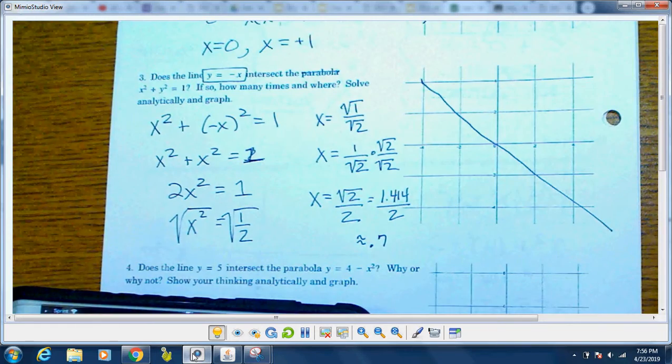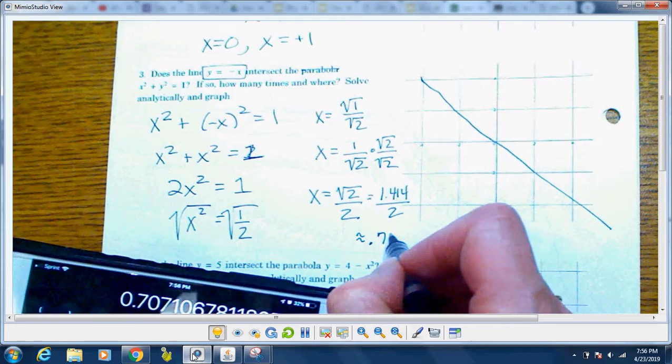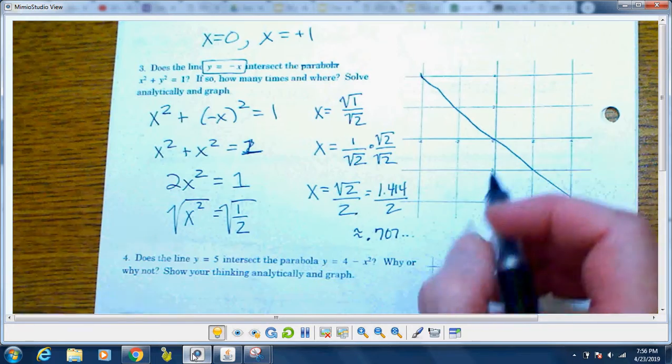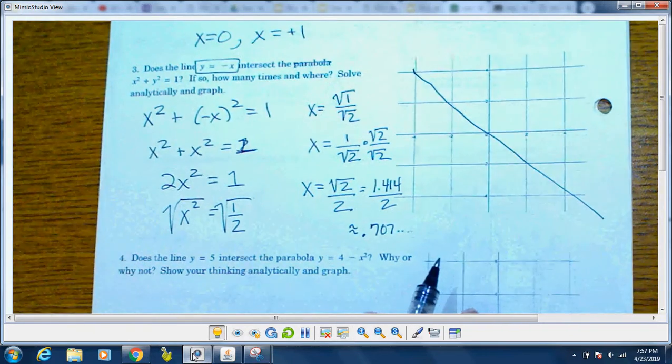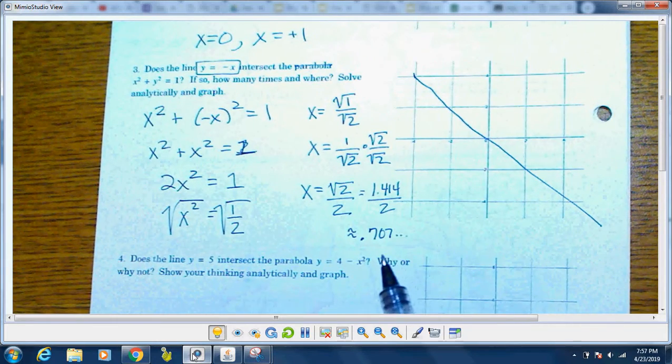I'm going to divide that by 2, and I get 0.707. Okay, so if I go on to Desmos.